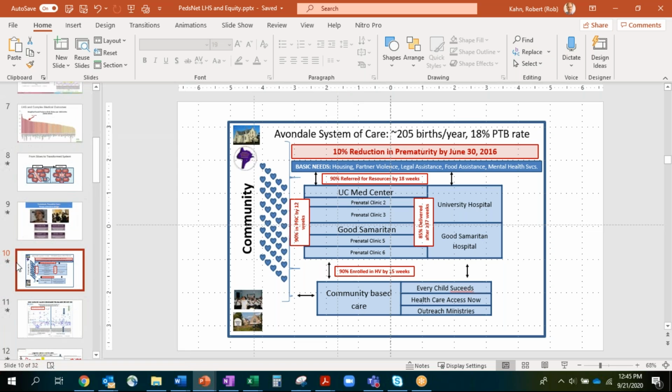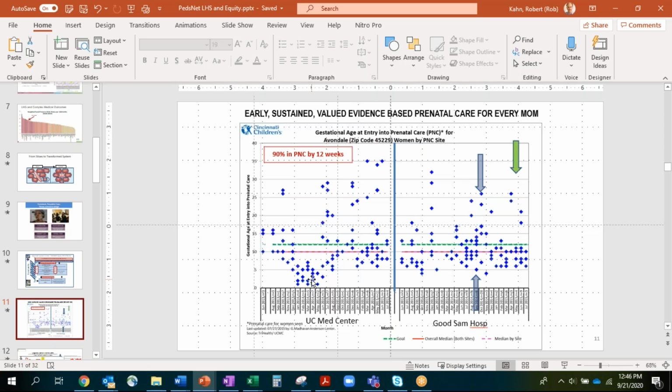Working through the stakeholder engagement to set up these metrics, not just to have metrics, but they're not there to evaluate, but to learn. So how to get the data systems going so that, literally every 2 weeks, what you're looking at here is for the two big prenatal clinics, what was the date, what was the gestational age at entry, and having learning times in which we'd say, hey, this woman came in at 5 or 6 weeks, like from Avondale.